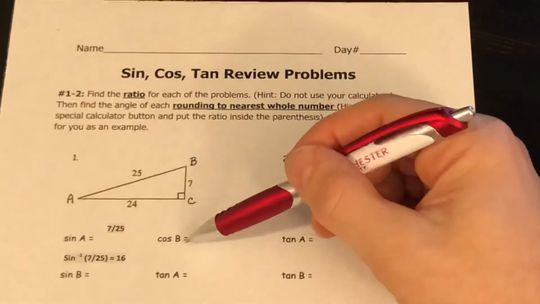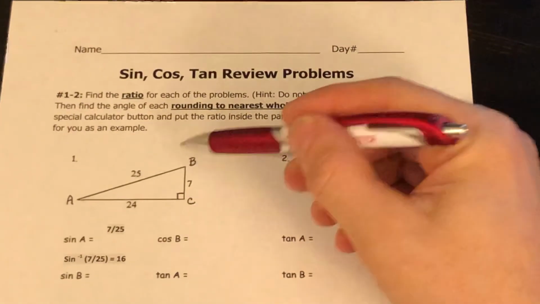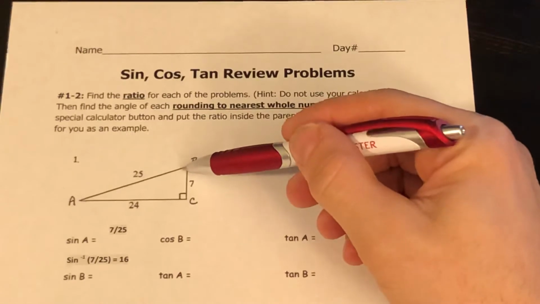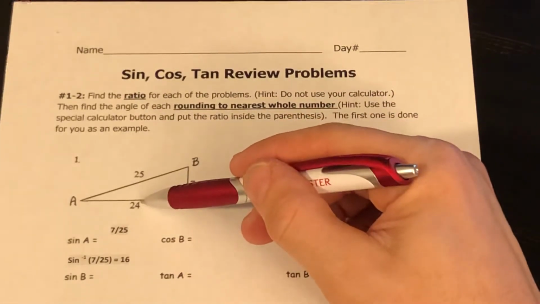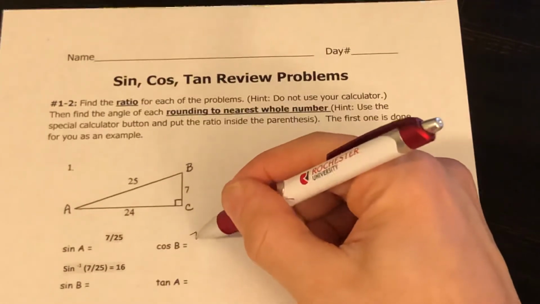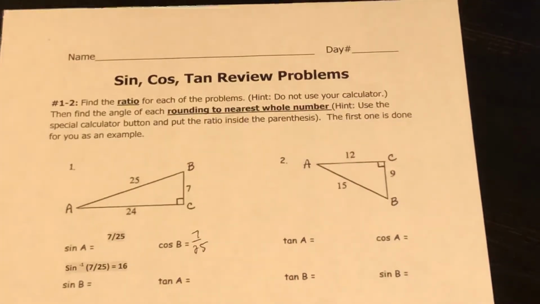Okay, so now let's take an example for cosine. So in this case here, cosine of B, this is where the angle is, and cosine is going to be adjacent over hypotenuse. So angle B, we shoot the arrow and that hits the opposite, but we don't want the opposite. So we want 7 over 25. That becomes our ratio.